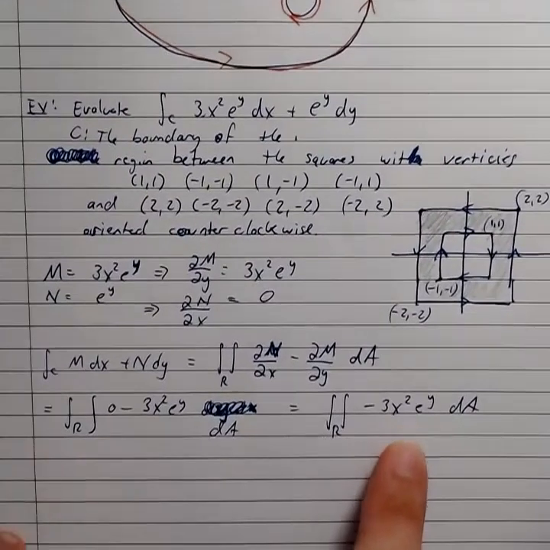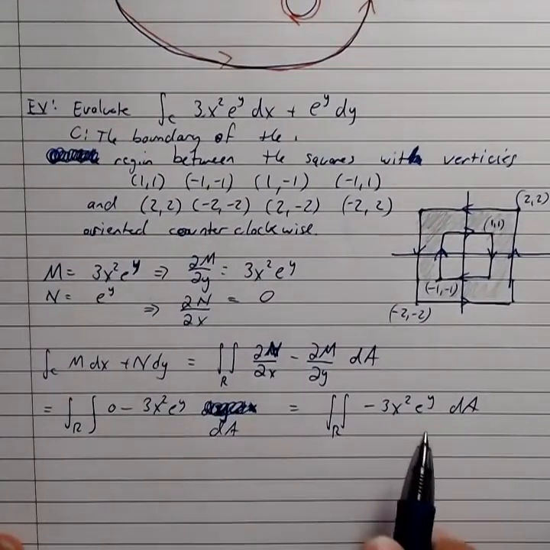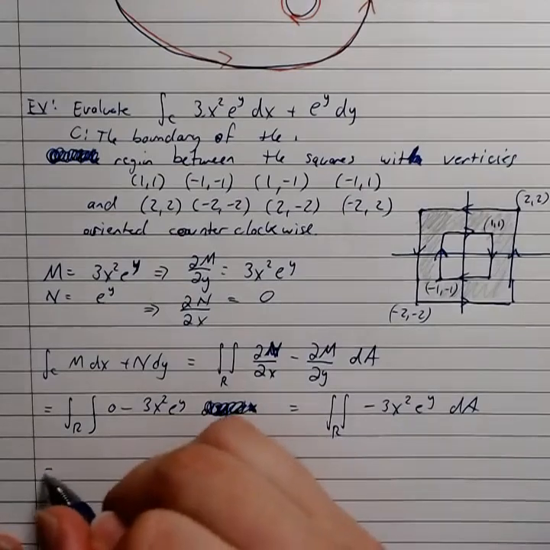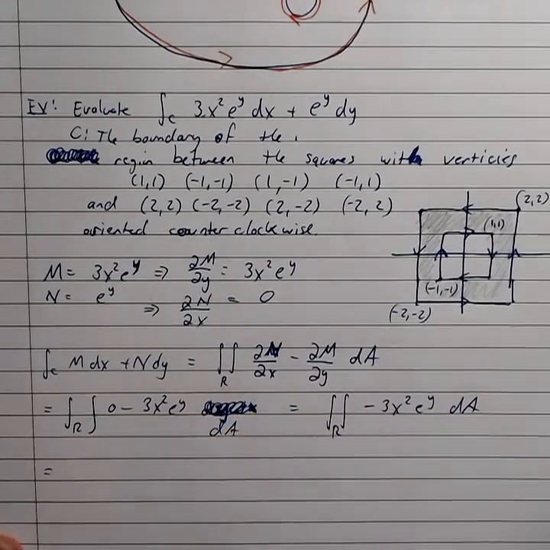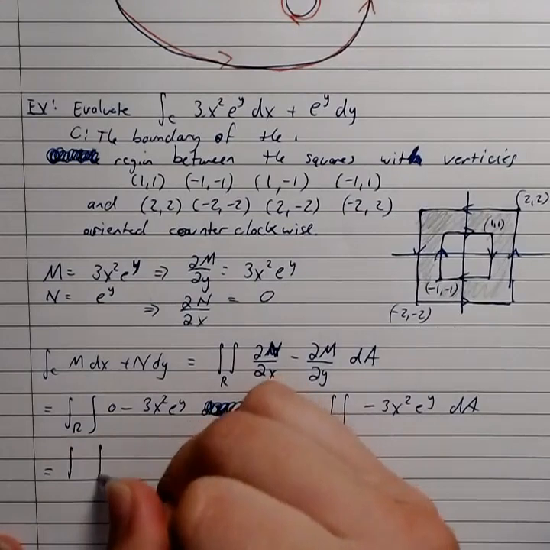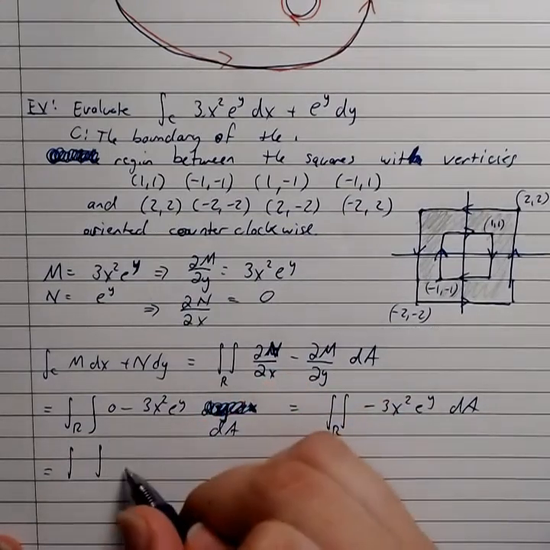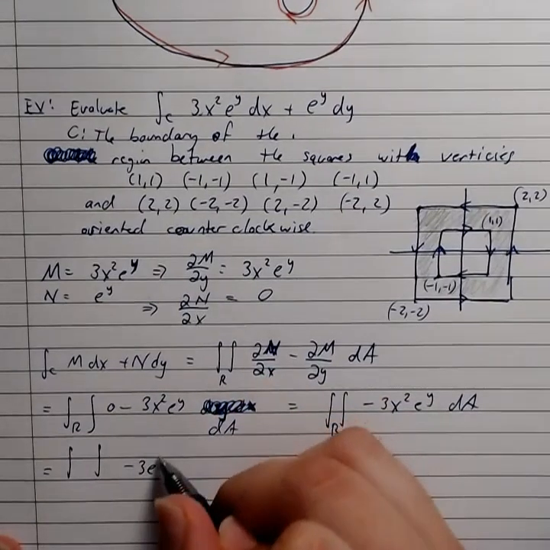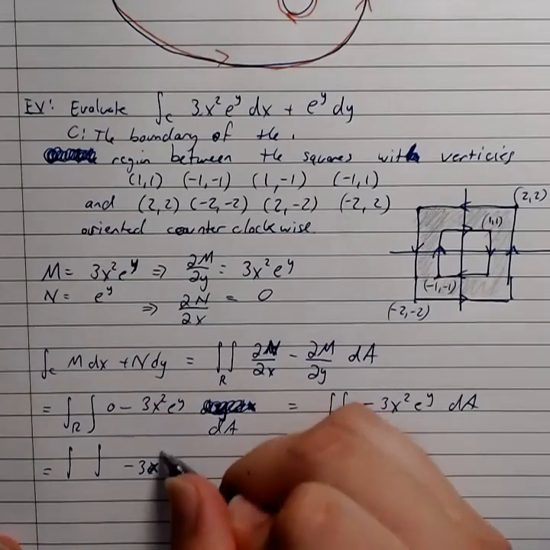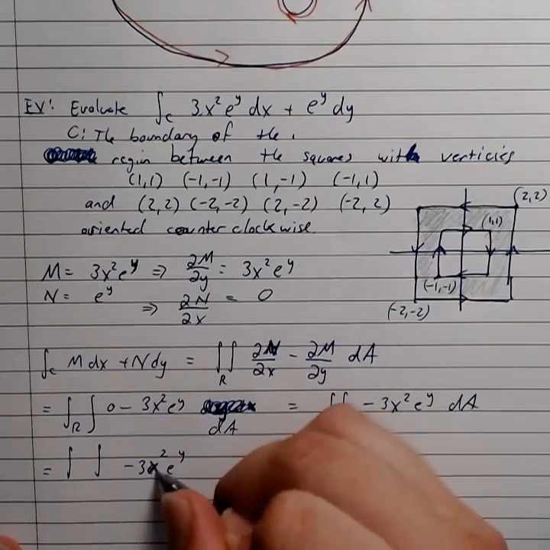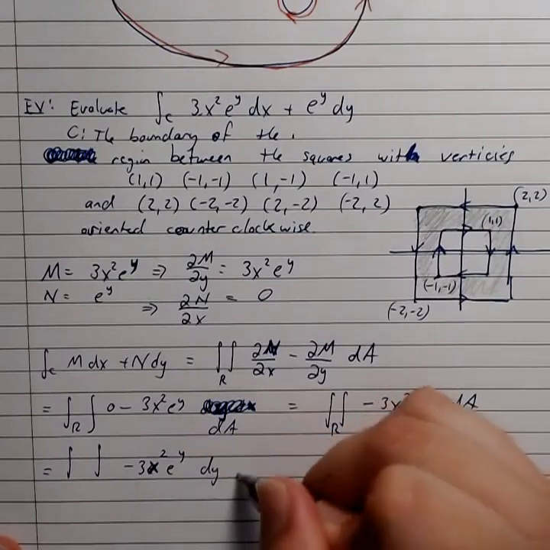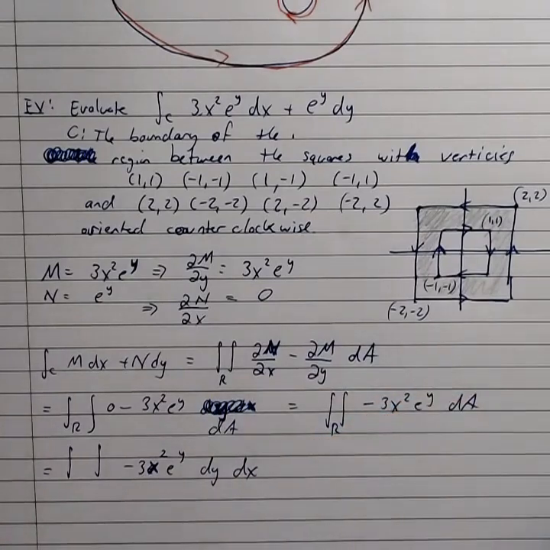So now, this is Green's theorem. And now, Fubini's theorem takes over. We can now write this, instead of a double integral, as an iterated integral of minus 3x squared e to the y, integrated with respect to y, and then with respect to x.